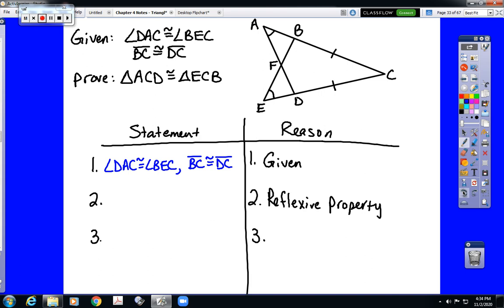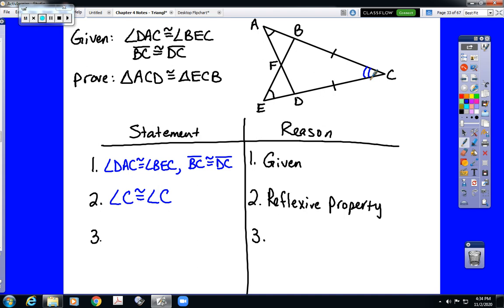Both of these triangles contain angle C. In triangle ADC, angle C is one of the angles, and in triangle EBC, angle C is one of the angles in that triangle as well. So that means that instead of a reflexive side, we actually have a reflexive angle here. Angle C is congruent to itself. Every angle is congruent to itself.